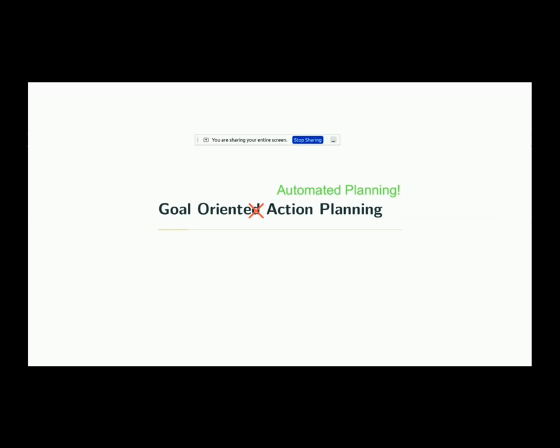So one way is what you refer to in video games as goal-oriented action planning, but that is actually an extreme simplification of the actual reference literature. If you're going to do research on this kind of stuff eventually, in the literature it is referred to as automated planning, because it actually comes from the field of robotics.